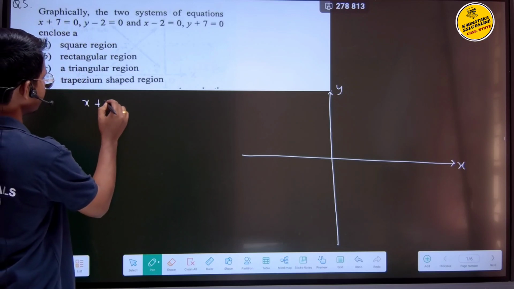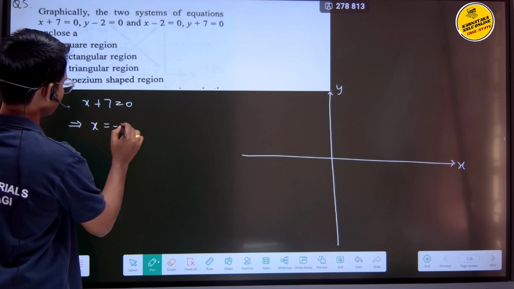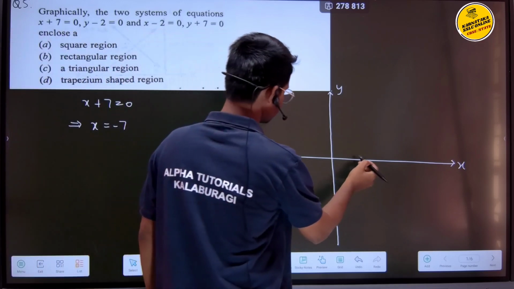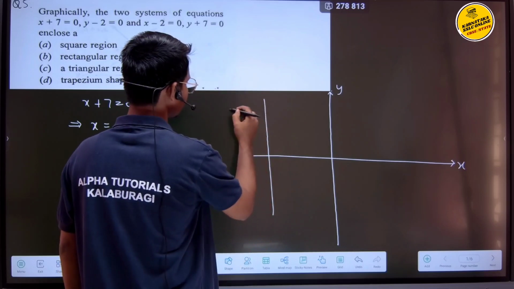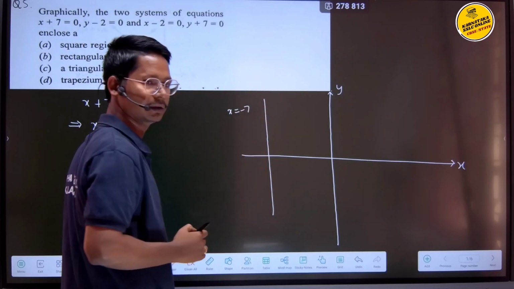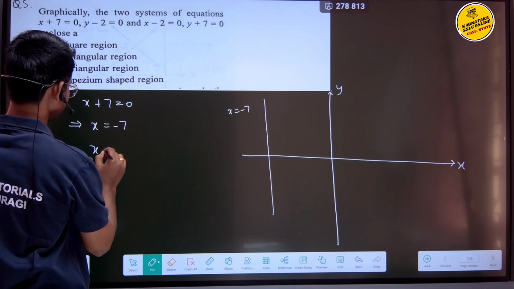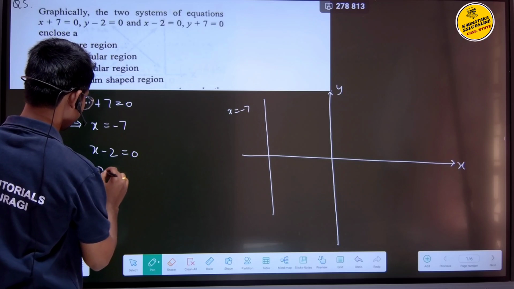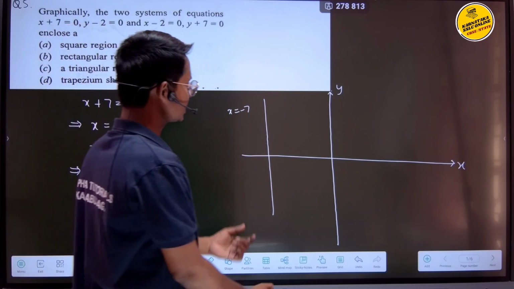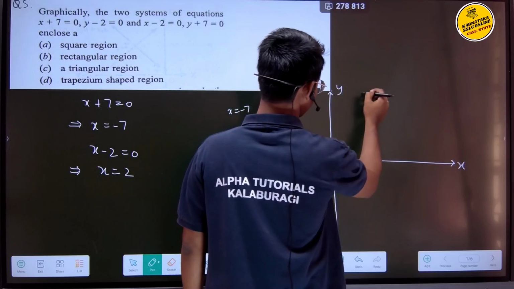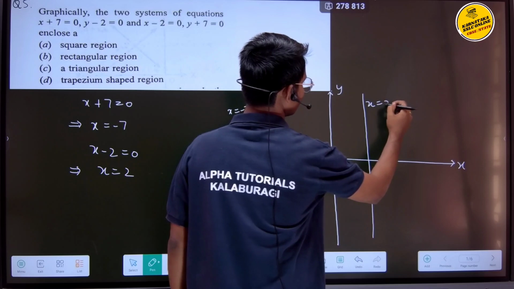So x equal to minus 7 is to the left side, say for example this line indicates x equal to minus 7. Next I'll take x again. x minus 2 equal to 0 is nothing but x equal to 2, correct? x equal to 2 means the right side, say somewhere here. I'll call this x equal to 2.